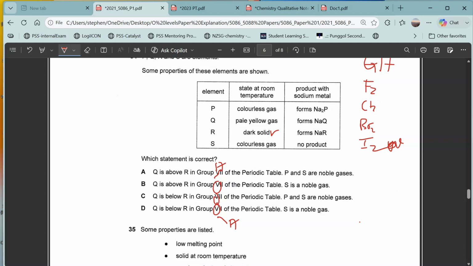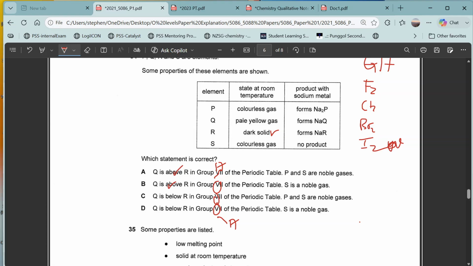R cannot be above. So if R is below, that means Q is above. Q is above or R is below, it's the same meaning. And what else can we see?